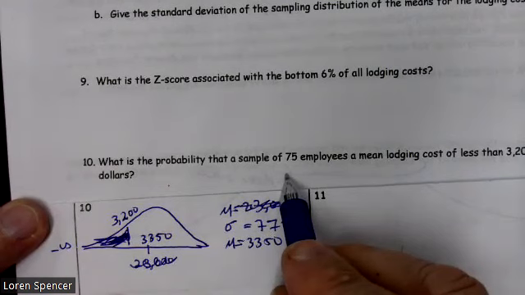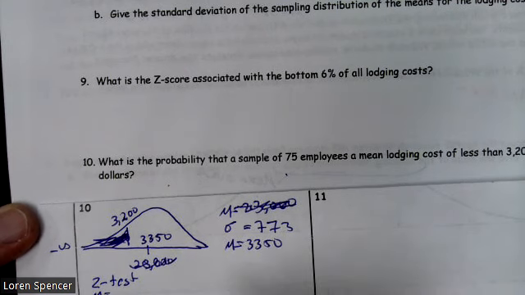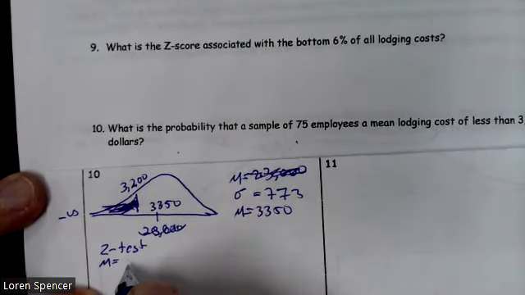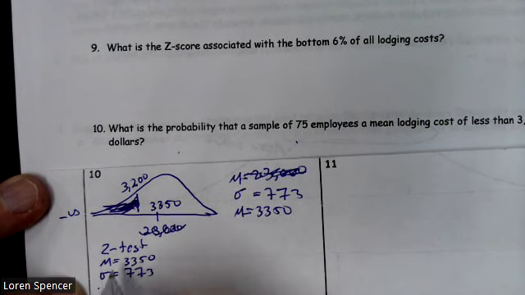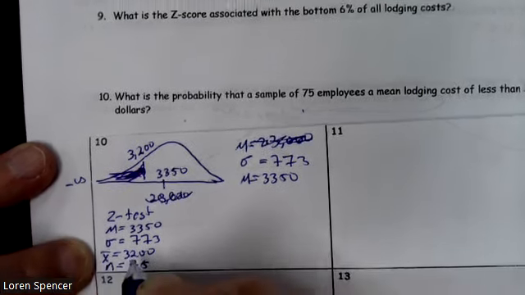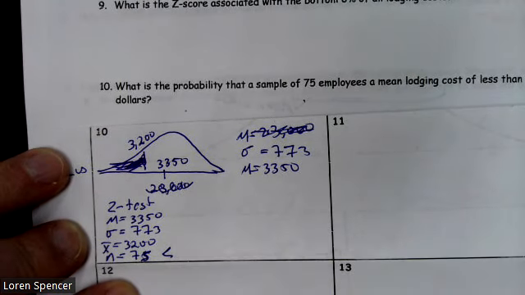But we have a sample size of 75, so this lets me know we're working with a z-test. The first thing it's going to ask me for is my mean, which if I write it correctly this time will be 3,350. We have a standard deviation of 773. We have an X bar of 3,200. And we have a sample size of 75. And we ended up shading to the left.